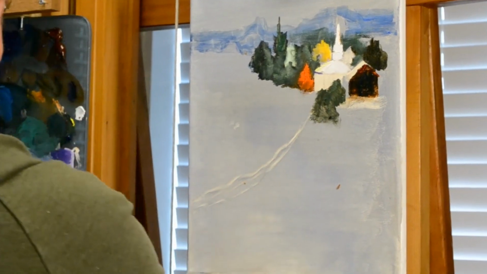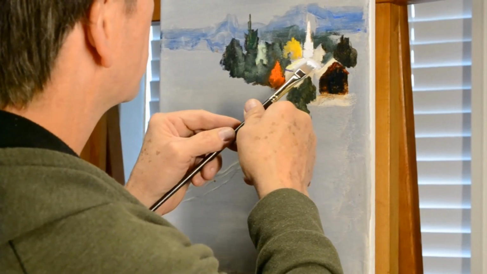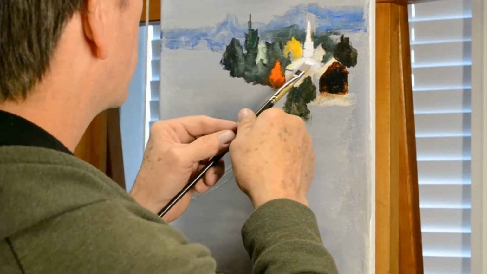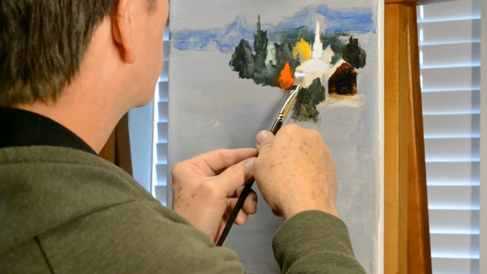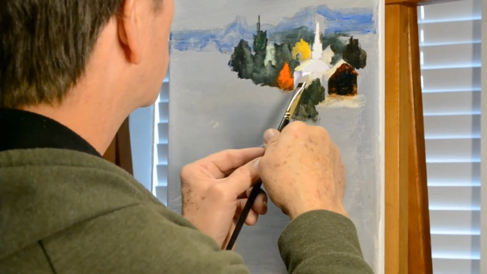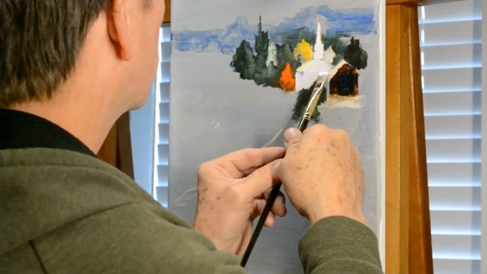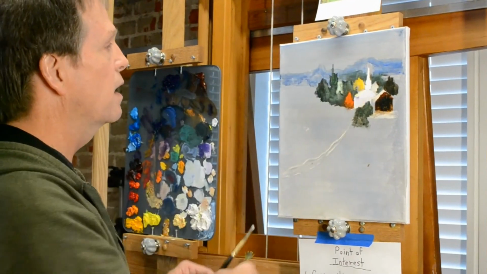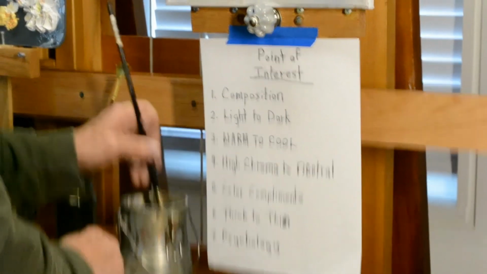So that just a little bit of purple is making it a little more neutral and not so bright. Which makes that steeple stand out a little bit more. And if we throw the shadows in on that, throw in the windows or whatever like that, that's going to make that bright part stand out even more. And then the last thing that I'm going to talk about point of interest is psychology.